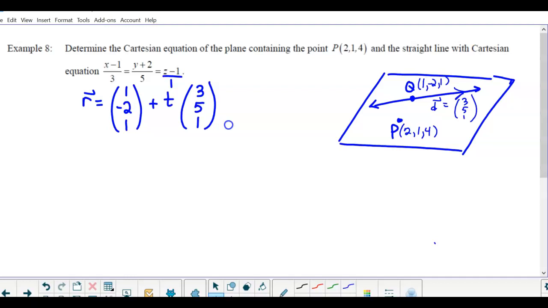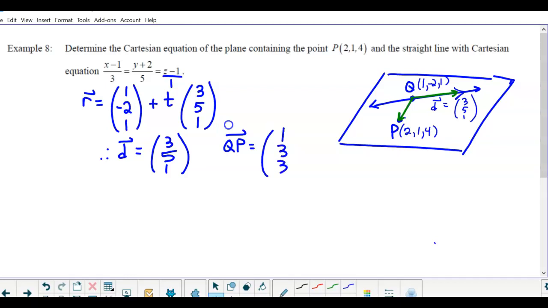Okay, so find another direction vector on the plane. So for example, PQ.